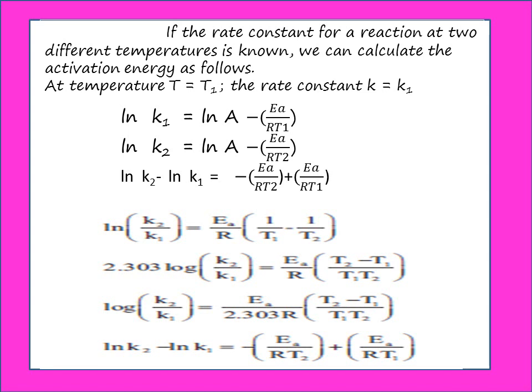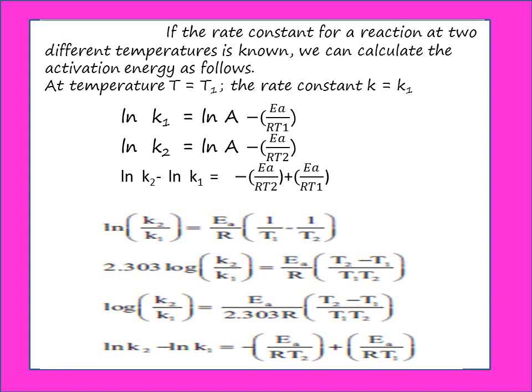In such a case, the equation becomes ln K2 = ln A - Ea/RT2. When you subtract these two equations, 2 minus 1, ln K2 - ln K1 will be equal to, ln A gets cancelled, you will have -Ea/RT2, and minus of minus will become plus Ea/RT1.